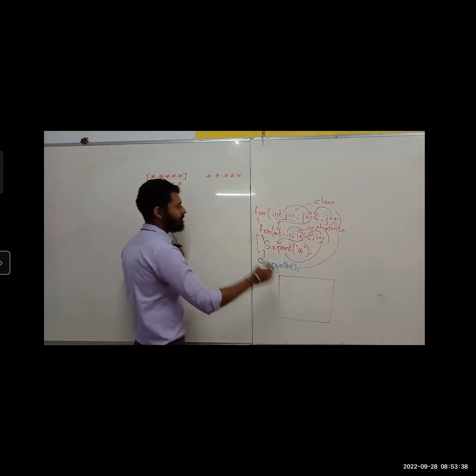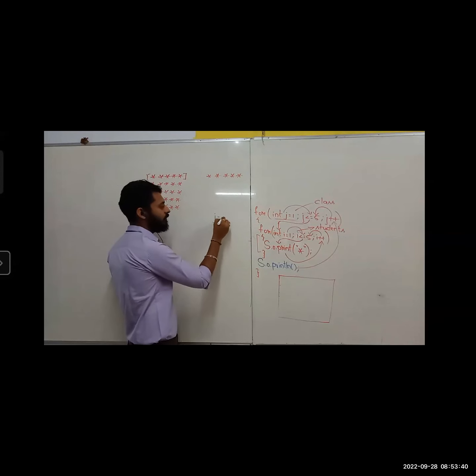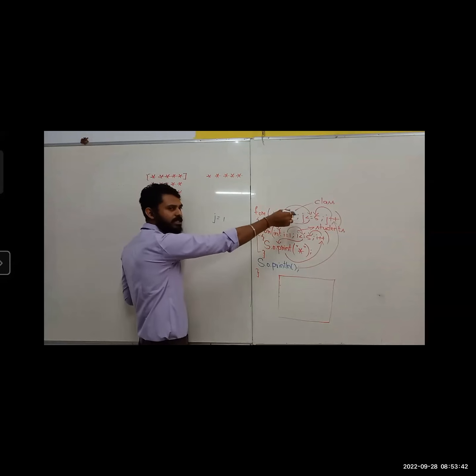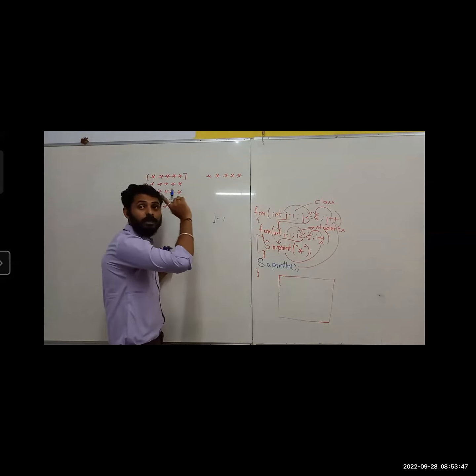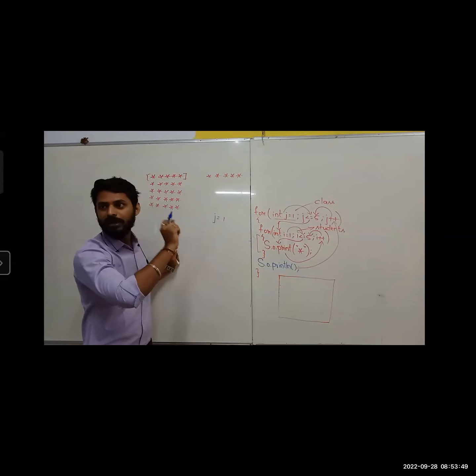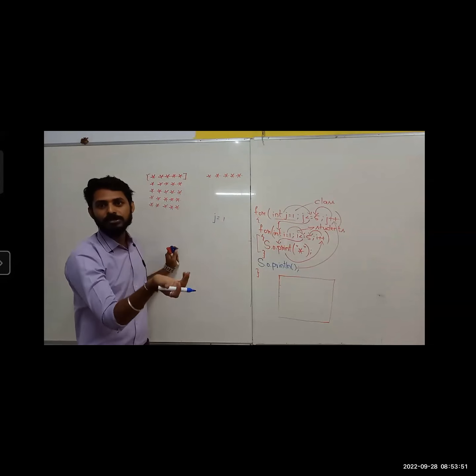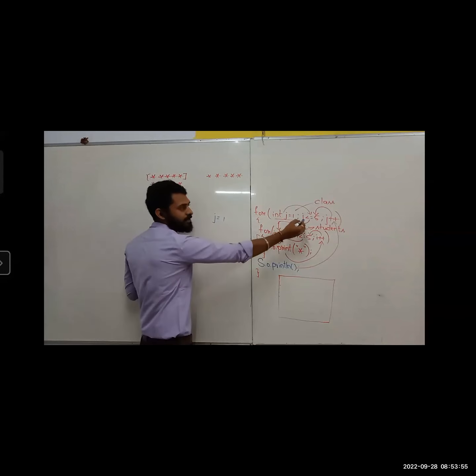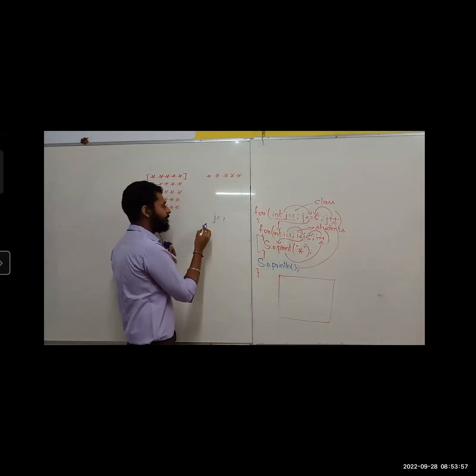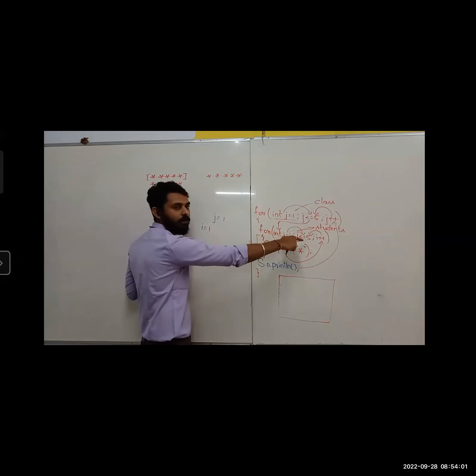Okay. Just observe: j value equal to 1, the condition is definitely true. 1 is less than or equal to 5. True. If you continuously listen, only then will you be able to cope up. Even if you miss a second, I would have proceeded ahead and then you will not understand. Quite simple. As the condition is true, come inside. 1 less than or equal to 5. True.